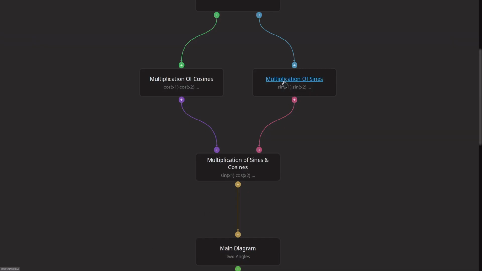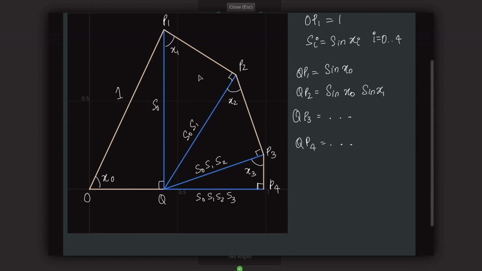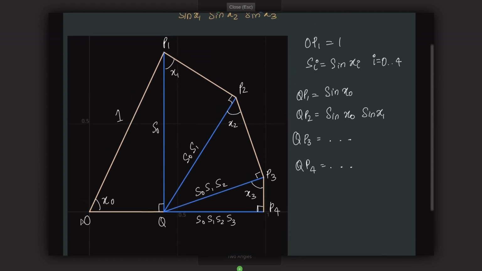Now let's look at the same for sines. Multiplication of sines, how do we get these terms? Let's start with this diagram over here. OP1 is of length 1, and this angle is x0. The side opposite to x0 is going to be s0. So si is sine xi, and this is sine x0.